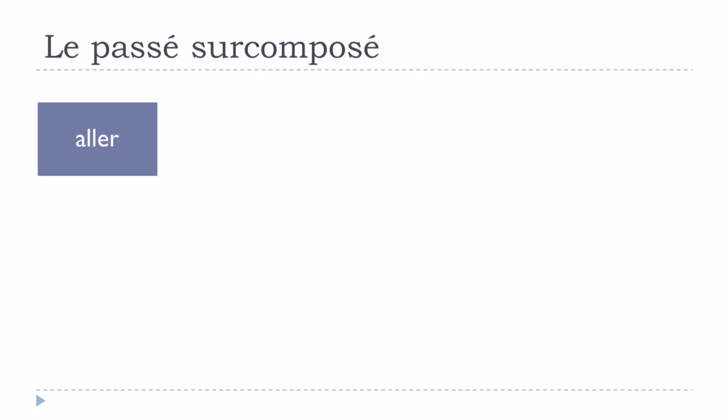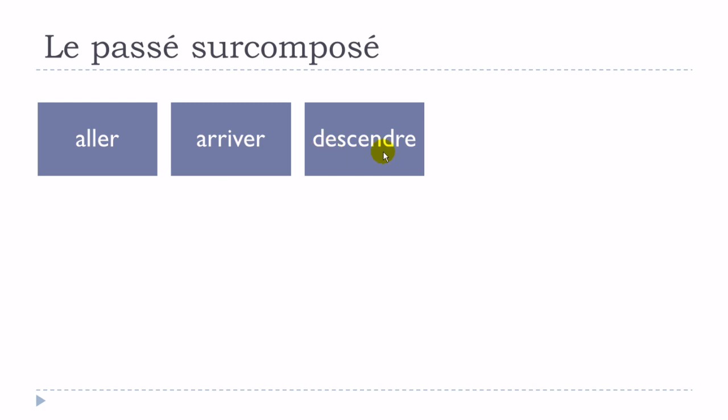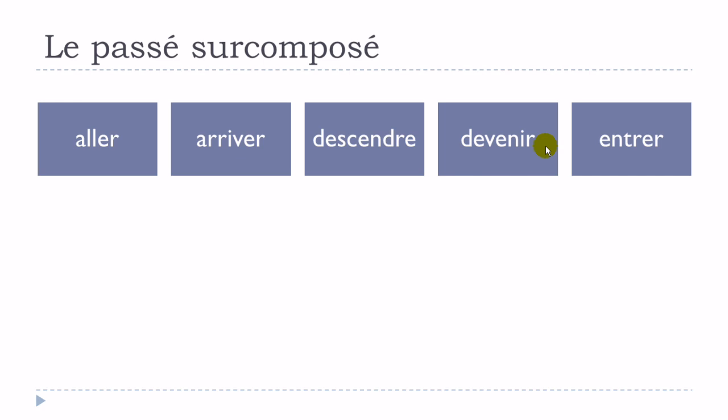So we saw that we've got aller. We do have arriver, so aller is to go, arriver, to arrive. Descendre, to descend or go down. Devenir, to become. Entrer, to come in or to enter. Monter, to go up.